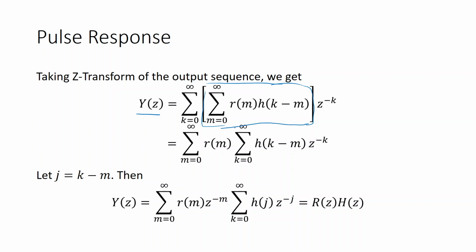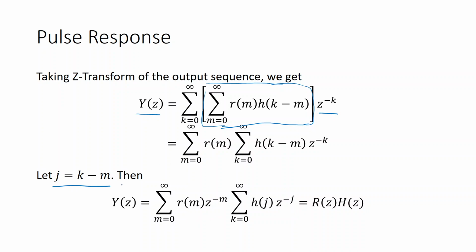And if you want to take the Z transform of the output sequence, you have to put a summation from k equal to 0 to infinity along with a z to the power of minus k weighted with this signal. Now you can take this r(m) out and change the order of the summations, and then you assume j to be k minus m, and you will get this particular result.